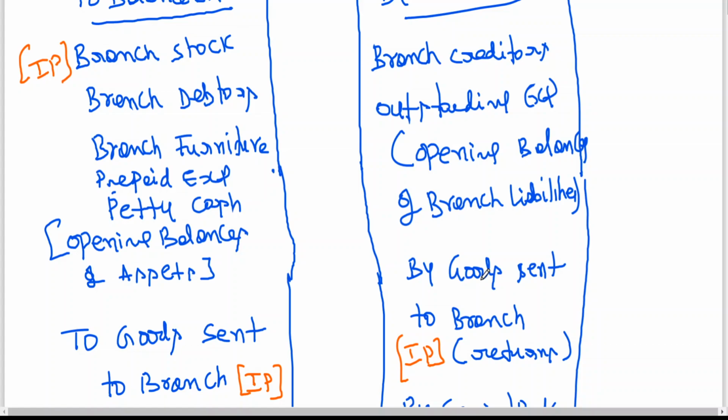Now customers sometimes return the goods they receive, either to the branch or directly to head office. Two possibilities. If the concerned branch is not responding, then customers may send goods directly to head office. The entry will be the same: reverse the above entry. Goods sent to branch account debtor to branch account.